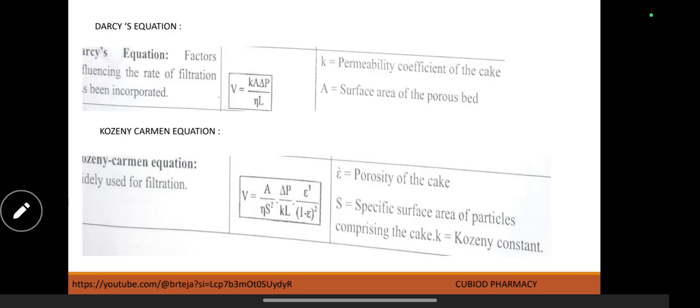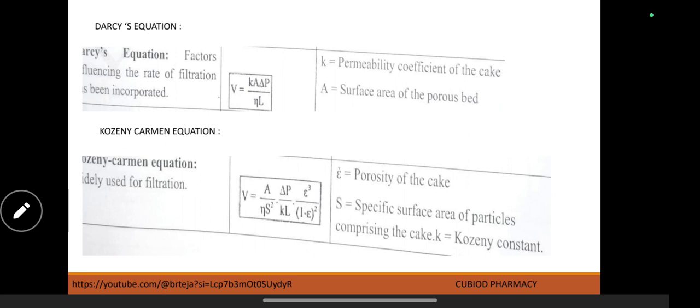Next theory, Darcy's equation. V is equal to K A delta P by eta L. K is equal to permeability coefficient of the cake. A is equal to surface area of the porous bed. Next equation, Kozeny-Carman equation. This equation is important in filtration.